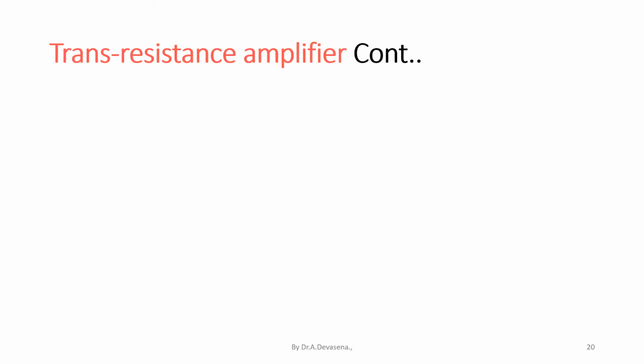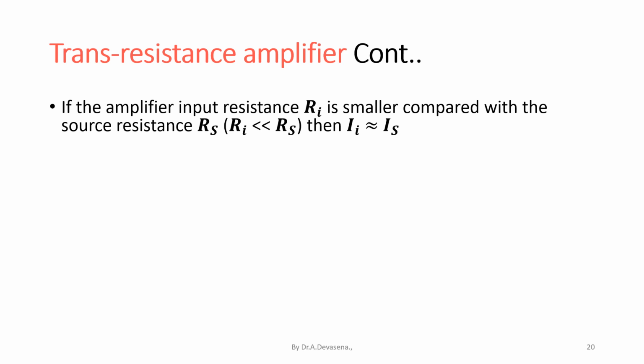If the amplifier input resistance Ri is smaller compared with the source resistance Rs, that is, Ri is very small when compared to Rs, then the input current is approximately equal to the source current Is.